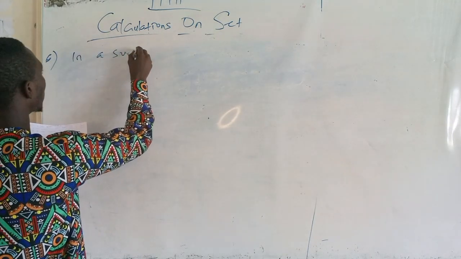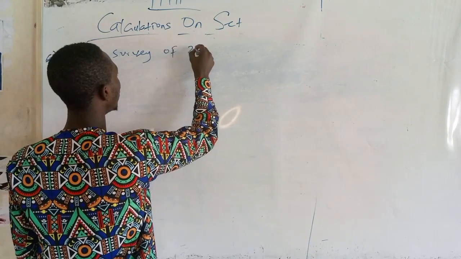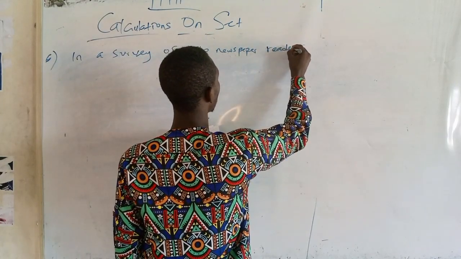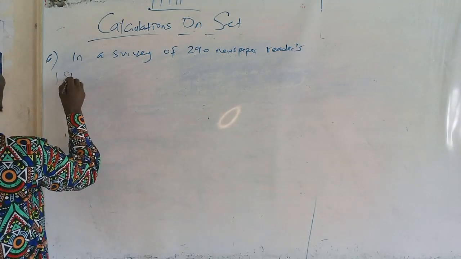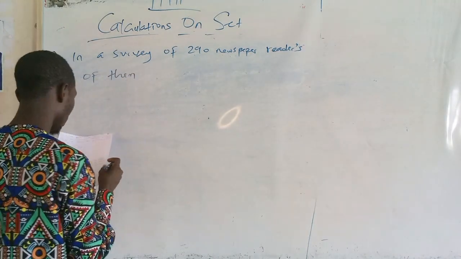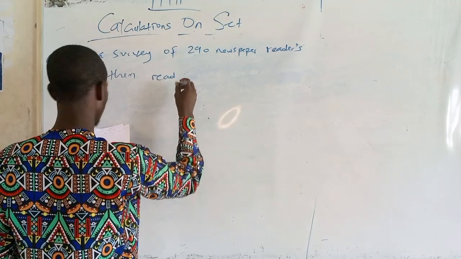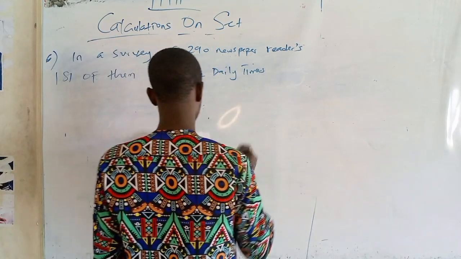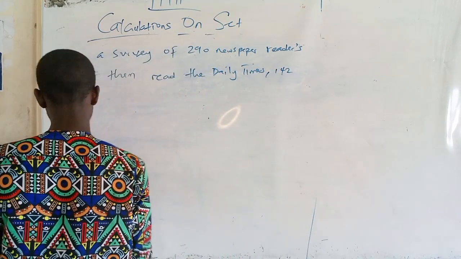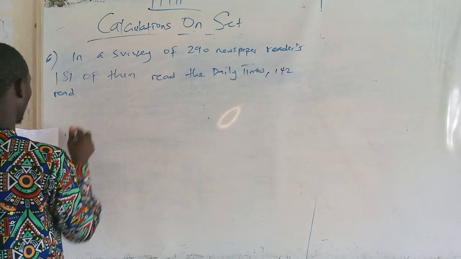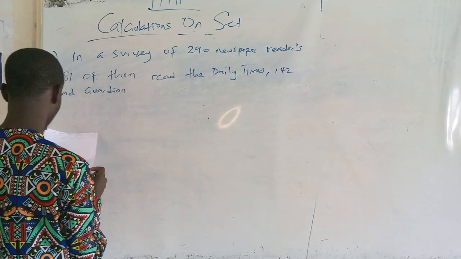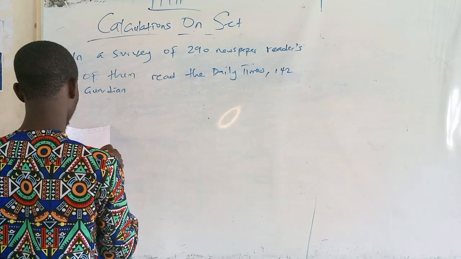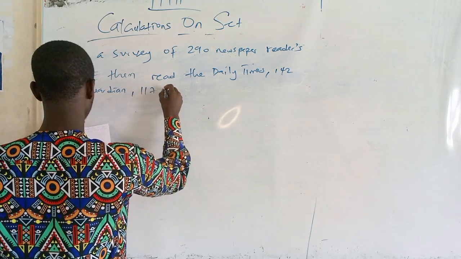In a survey of 290 newspaper readers, 181 of them read the Daily Times. 142 read Guardian. 117 read Punch.